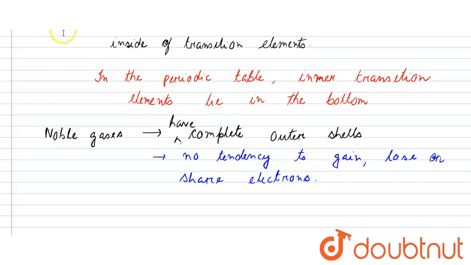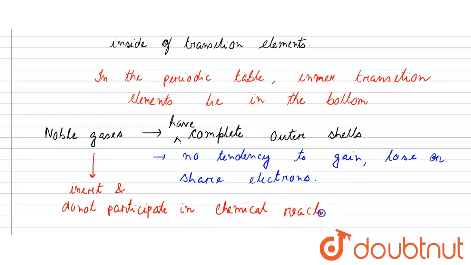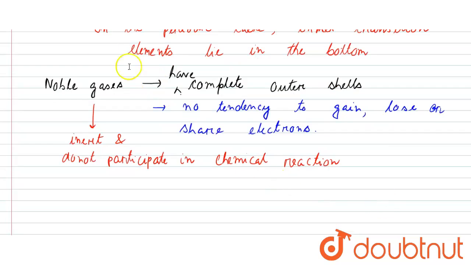Therefore we can say noble gases are quite inert and do not participate in chemical reactions. And when they are inert and do not participate in chemical reactions, we can say that they are unreactive.